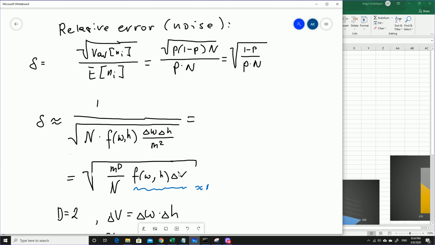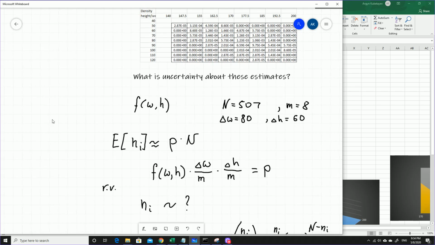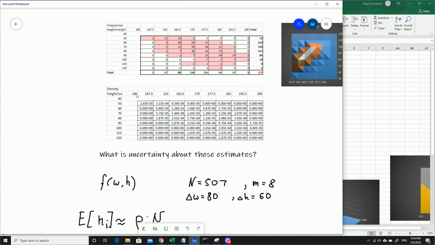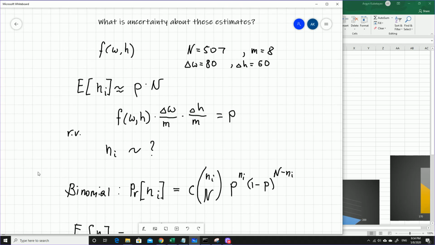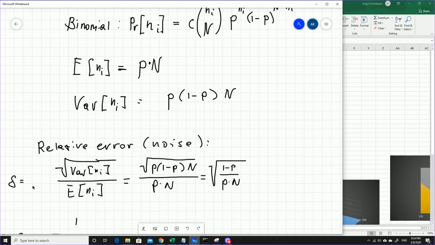But see, I removed this m. It used to be under the cell, but now the volume is not of a cell, but of the entire domain, right? So it's going to be from 140 to 200 and from 40 to 120. Now think about this approximately, right?